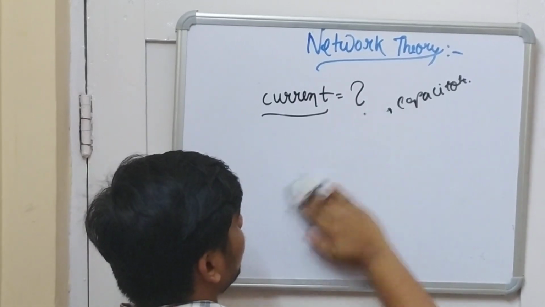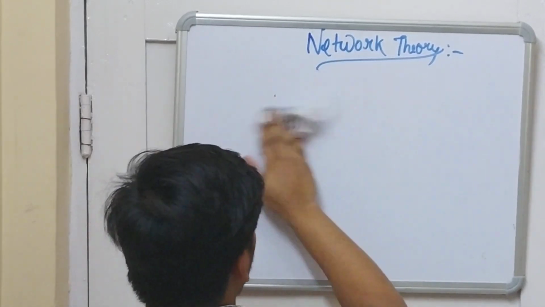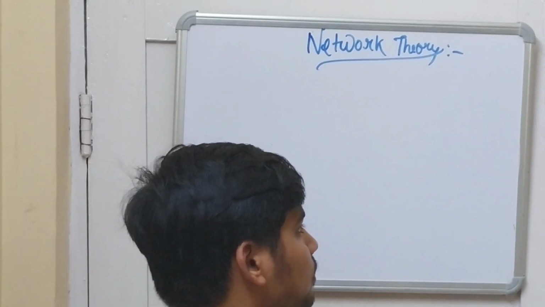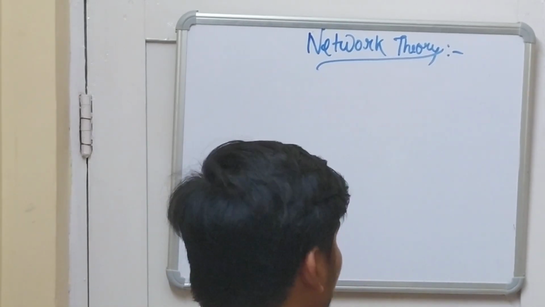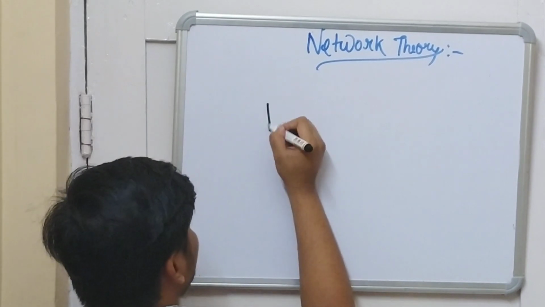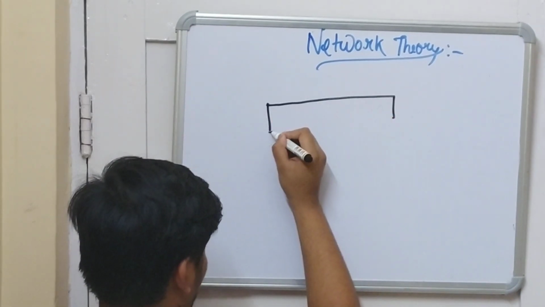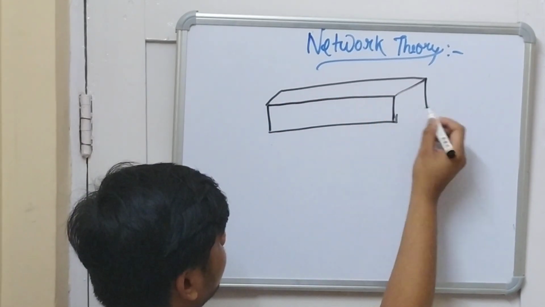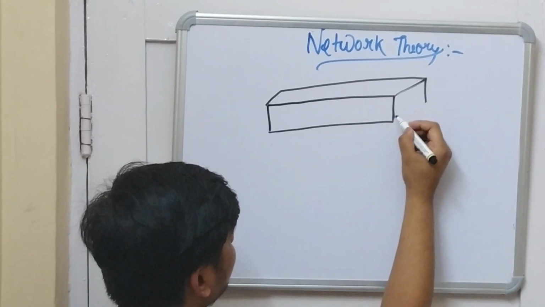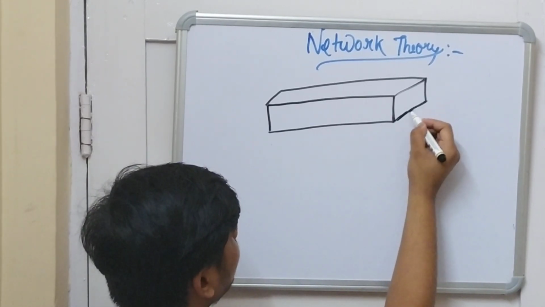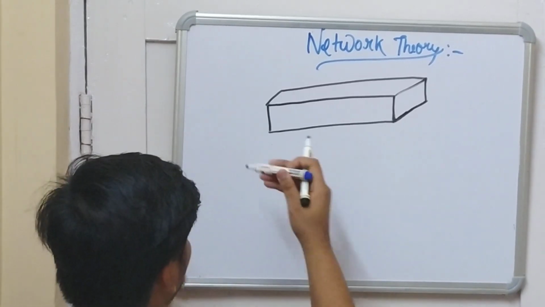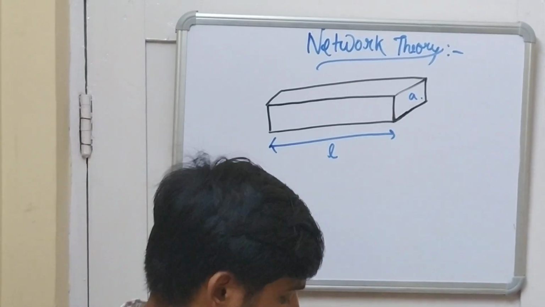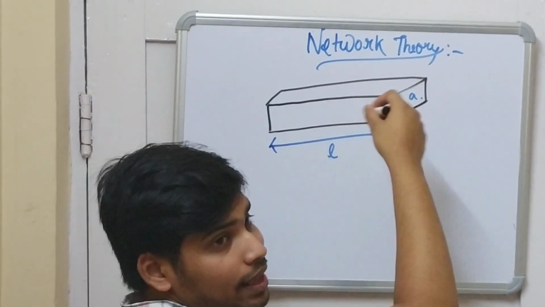So, now let's discuss how the current flows. Let's draw an iron rod. Suppose this is an iron rod, length is L, cross sectional area is A. It will have some atoms inside.